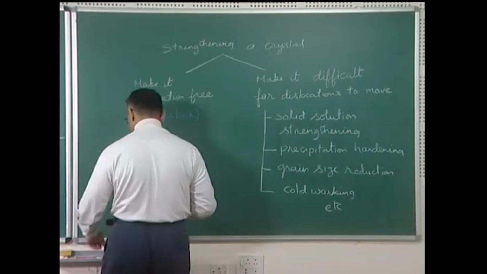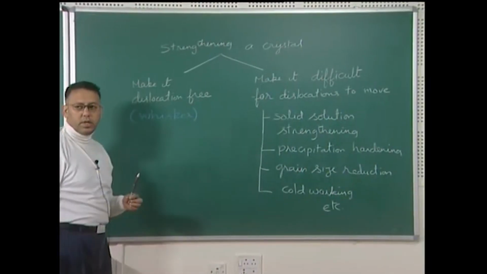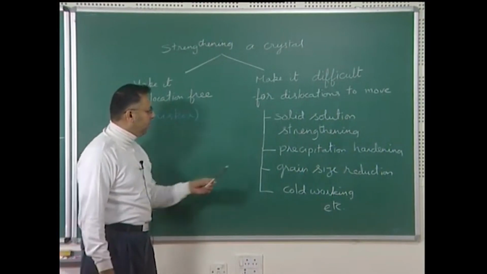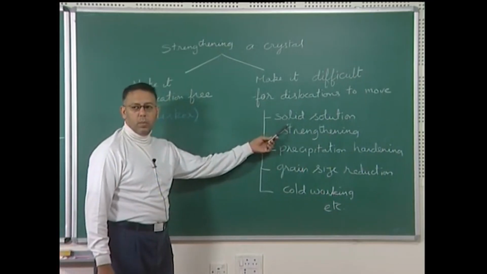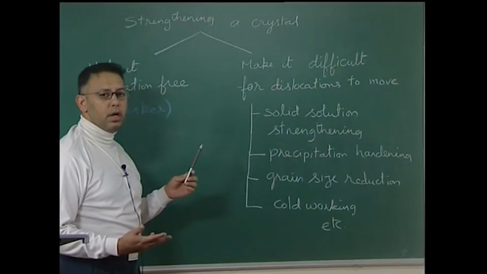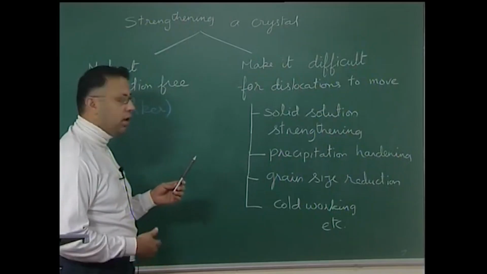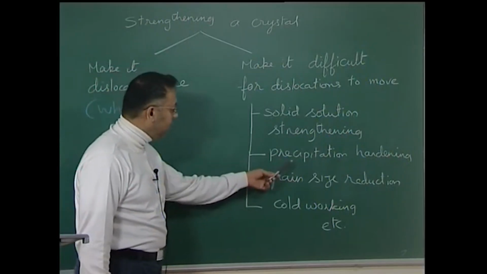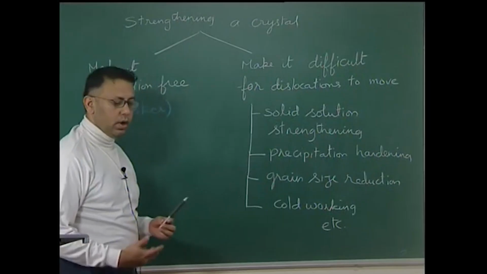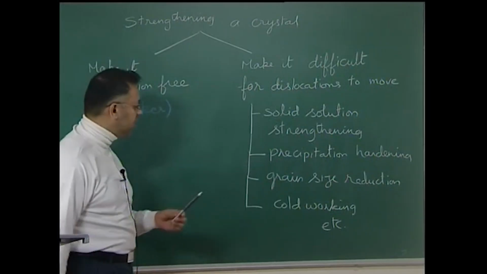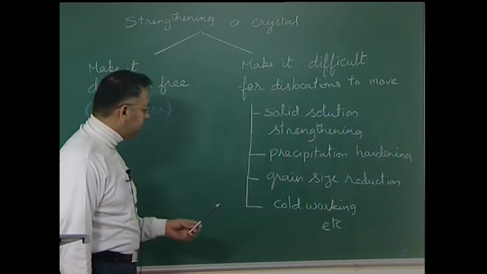So, some of the strategies we typically use for increasing the strength of a weakened material is to use solid solution hardening, which in some sense actually increases the inherent lattice friction for the dislocation to move. You can use precipitation hardening, in other words you put a fine distribution of precipitates which can impede the motion of the dislocations.